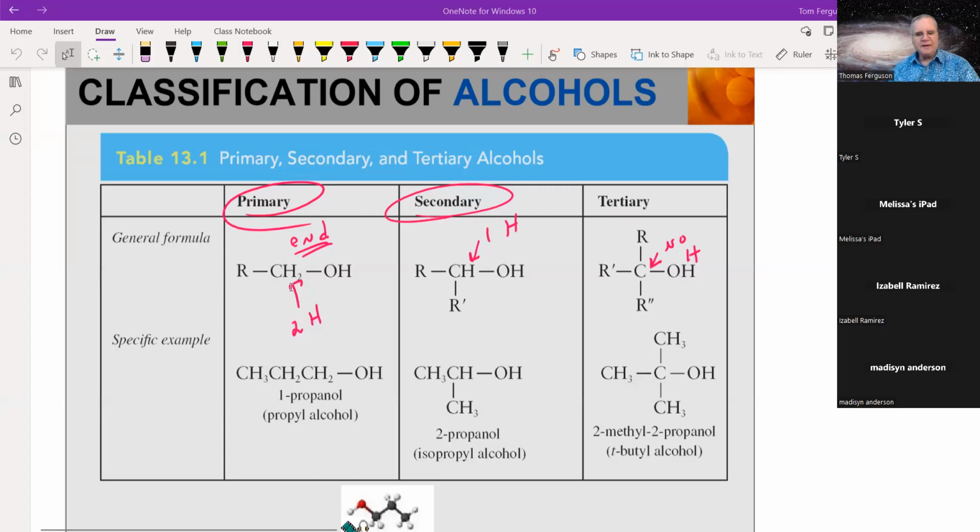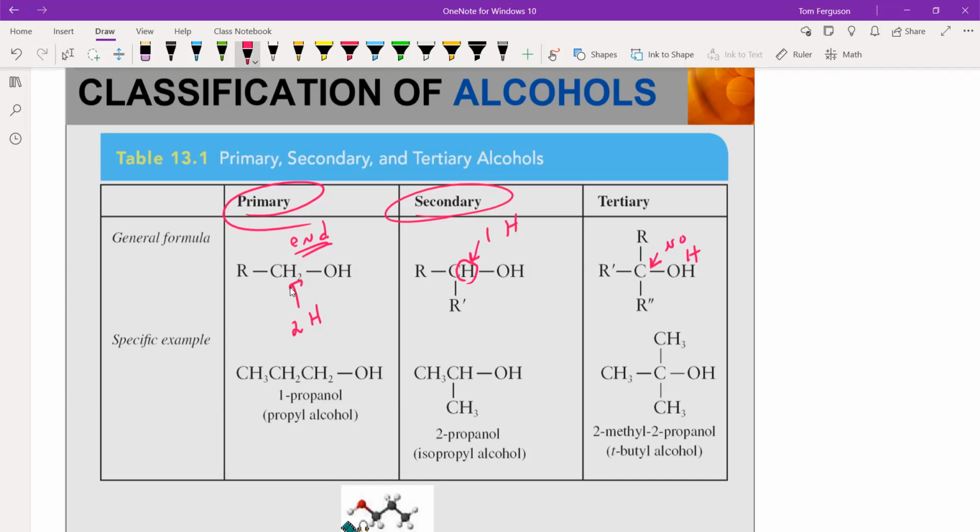That's the easy one. The difference between the secondary and tertiary one is whether there is a hydrogen present or not. So if you've got two groups here coming off of that carbon, other carbons, for example, or nitrogens or whatever, it's a tertiary alcohol.